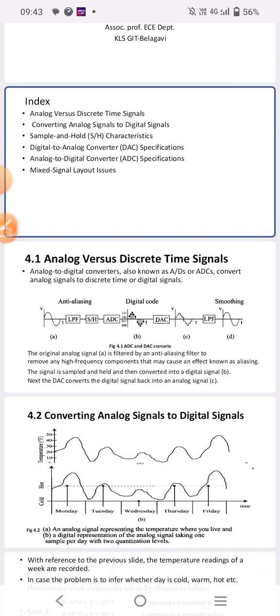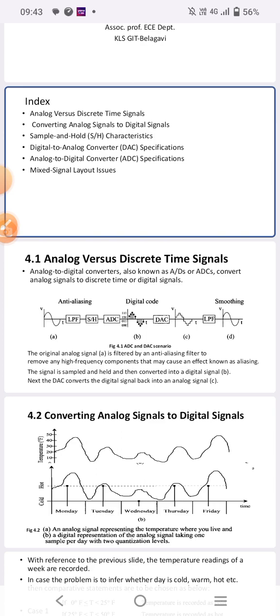But how exactly do we go for this discrete time signal conversion? The general block diagram is shown in this slide. You can see the analog signal, shown as a sine wave, is passed through a low pass filter. We always go for the low pass filter because we want to limit the signals that we are processing. Again, I'll take the example of the speech signal.